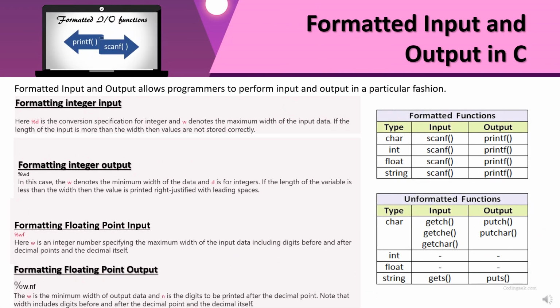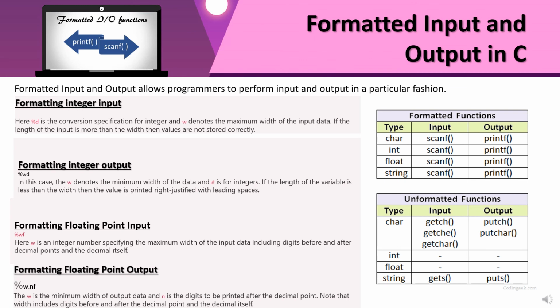In C language, for taking input and getting output, there are two types of functions: formatted functions and unformatted functions. For formatted input functions and formatted output functions, some particular fashion is used.